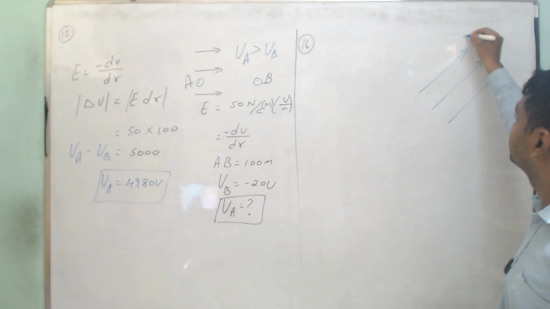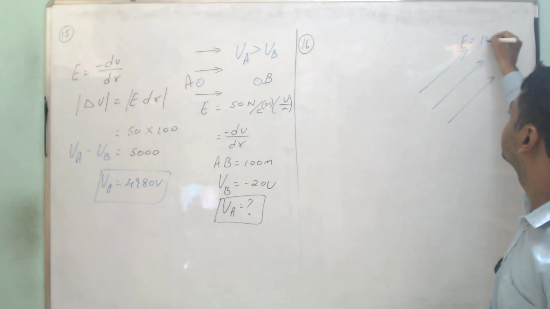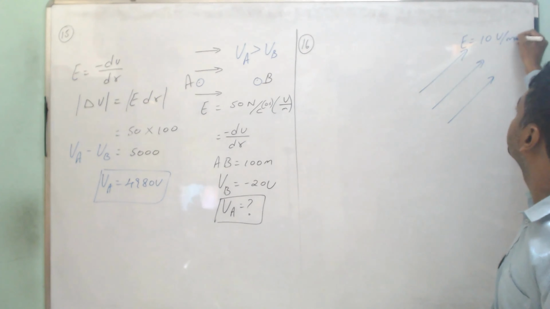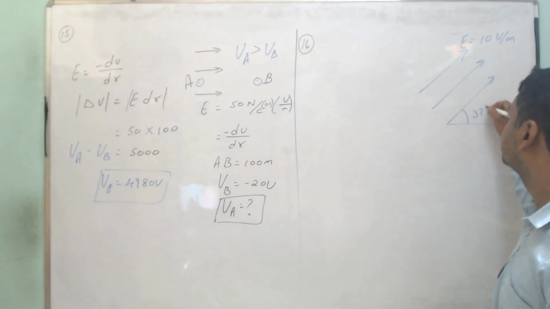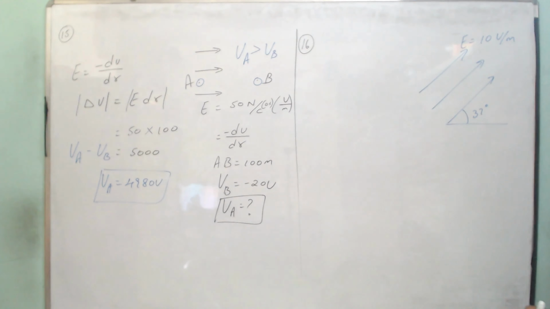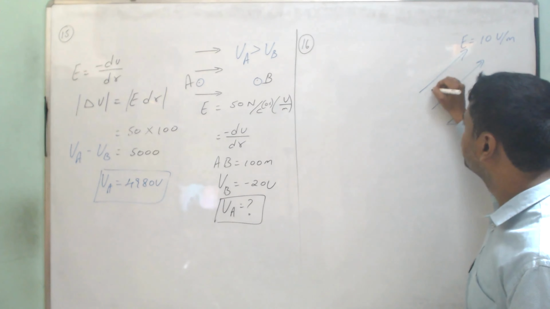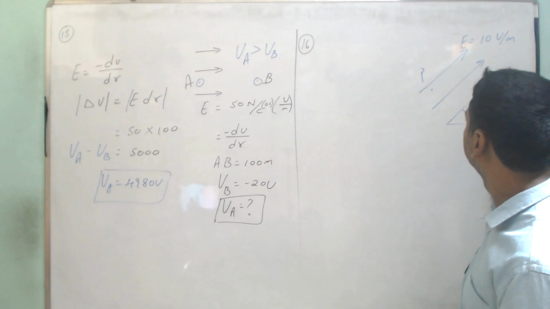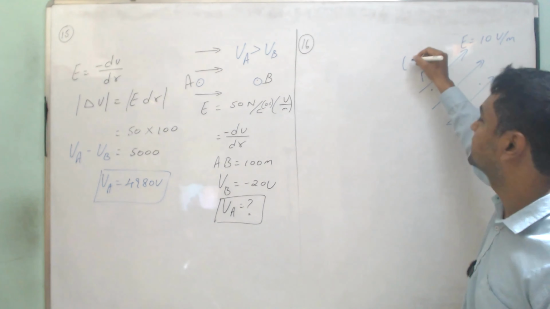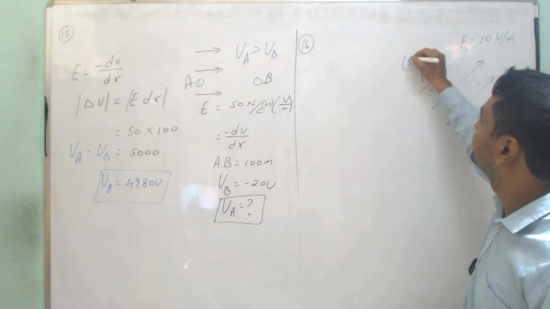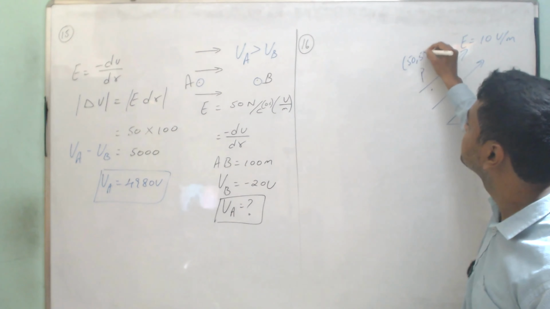There is a uniform electric field in this direction. The magnitude of electric field is 10 volt per meter. It is at an angle of 37 degree to the horizontal. I have 2 points P and Q. The coordinates of point P and Q are P, we can take it as 50, 50 in meters.